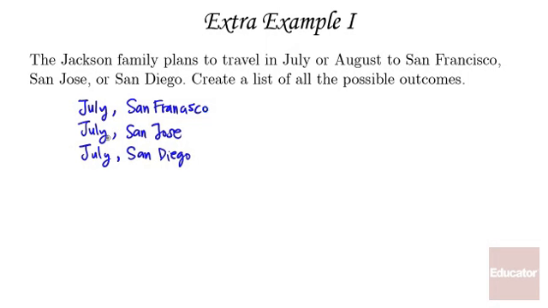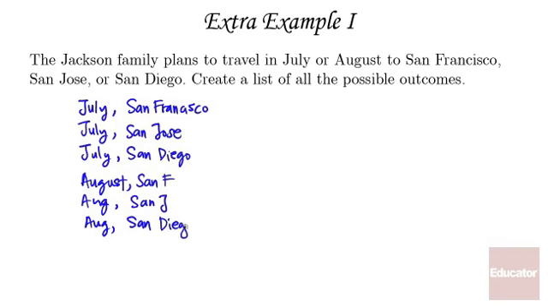Now the second one will be August to San Francisco, August to San Jose, and then August to San Diego. So then we have 6 possible outcomes, right?